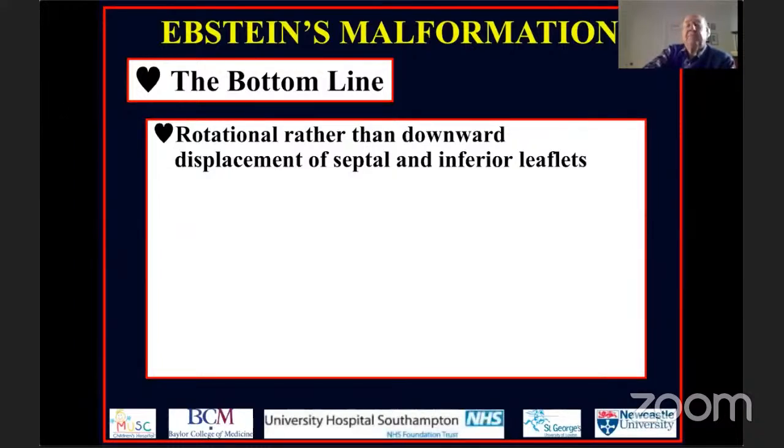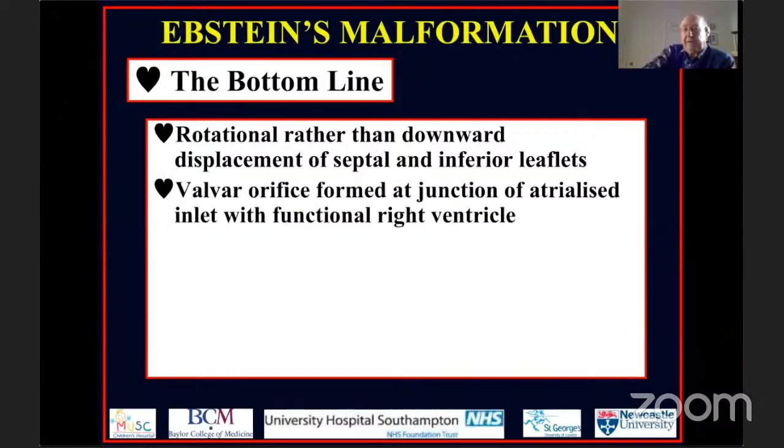So if I put all of that together, if we are to understand the anatomy of Ebstein's malformation, we must appreciate that the phenotypic feature is the malformation of the septal and inferior leaflets. They are away from the atrioventricular junction, but the displacement is rotational rather than downward.